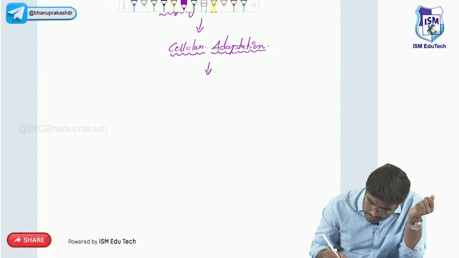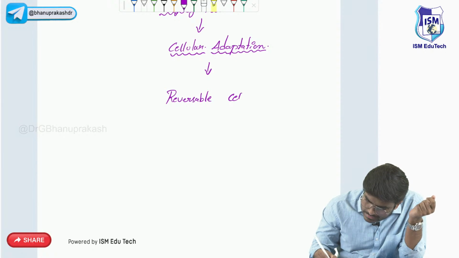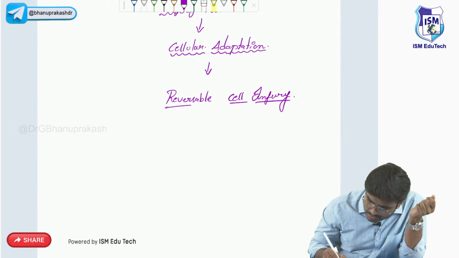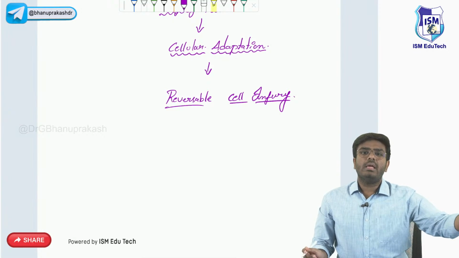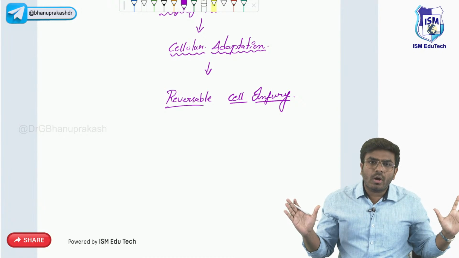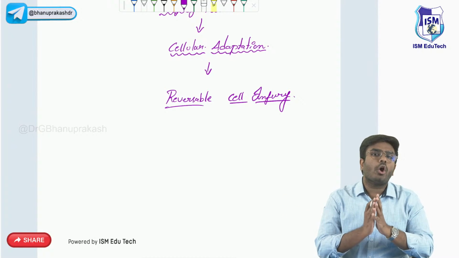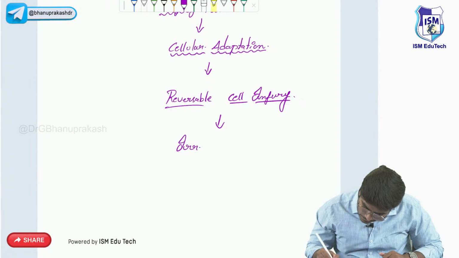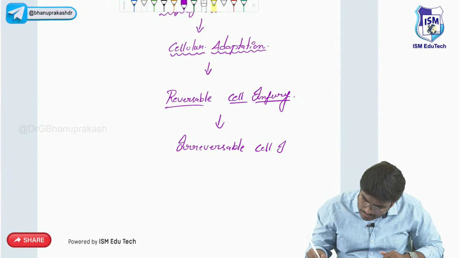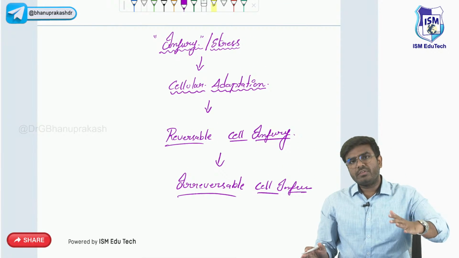So that is reversible cell injury. Now again stress is continuing and even the stress is increasing. Now the cell can no longer be reversed. The injury cannot be reversed. So that will cause irreversible cell injury. Okay, so this is the flow chart which you should know.